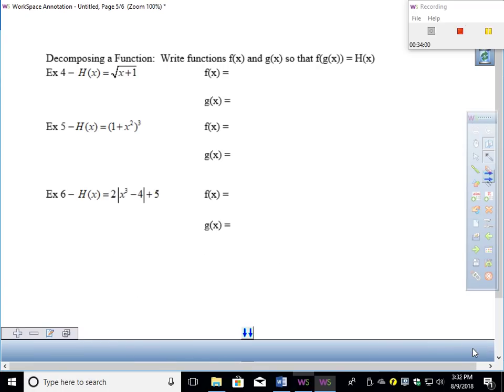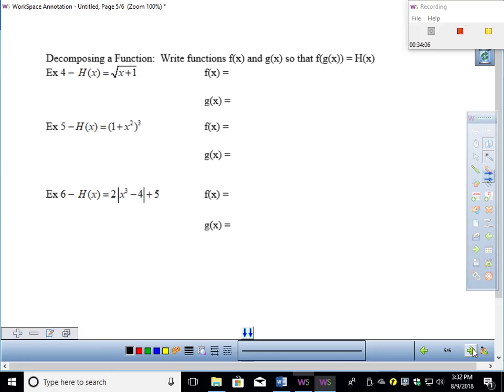All righty. Let's go get examples 4, 5, and 6, all doing the same thing. So let's just take one quick step back, and then we'll dive into these. Composition is all about combining two functions together to create a third, and it's done in a very particular way, really through substitution. I guess that's the best way for me to describe it. So composing means combining them together.